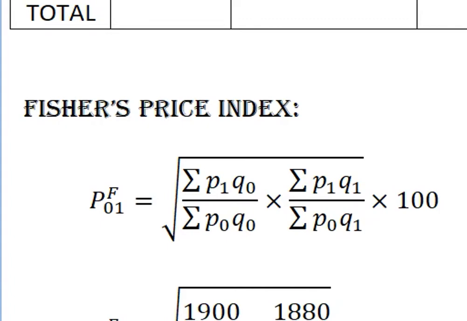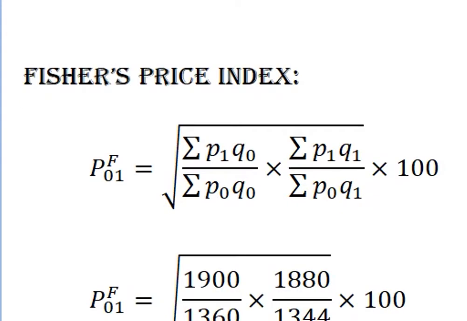Here what you have to do is you need to multiply these two values and then take a square root, and then you need to multiply by 100. I repeat, first you multiply these two which is inside the square root, and then take a square root of that value, and at last you multiply by 100.